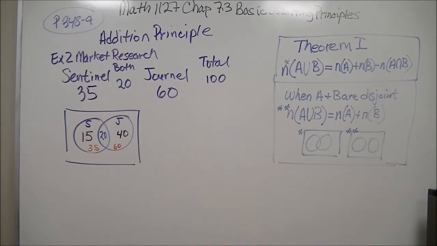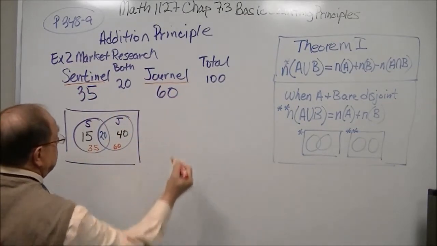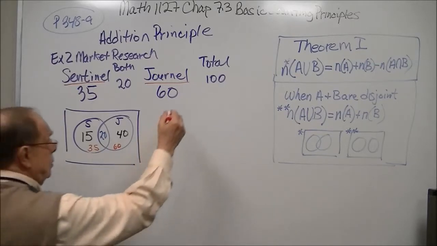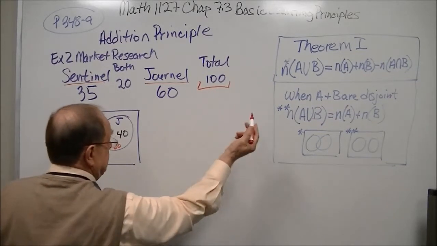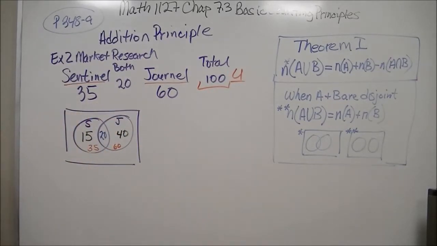Okay, now here's a market research study that was done in a city in which there were two newspapers, the Sentinel and the Journal. And randomly they selected 100 individuals. Now this is your universal group. And they asked, do you read the Sentinel?